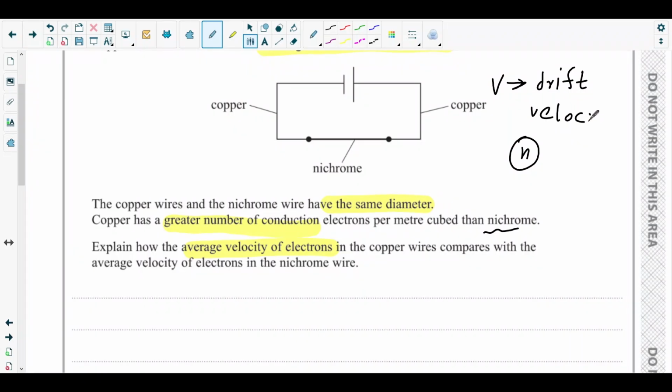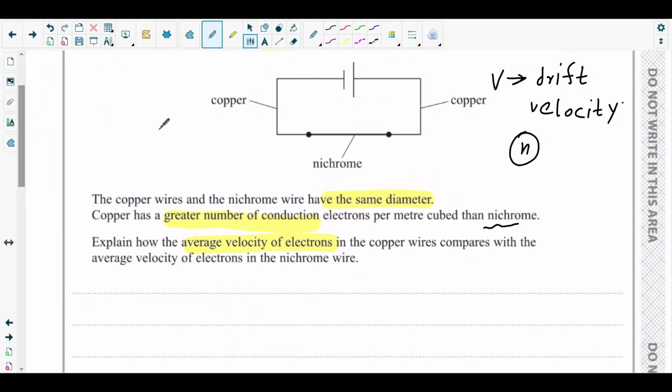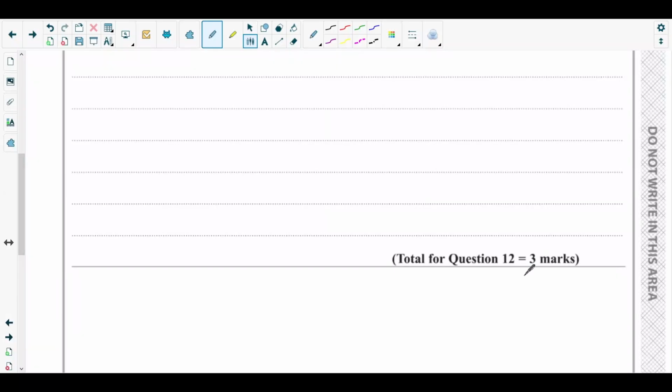We know that the formula for drift velocity is related to this formula, I equals nAvq, so we can make v the subject. If you make v the subject, you will get I over nAq. So we will consider this equation. Let's see how many marks it is. It is for 3 marks.